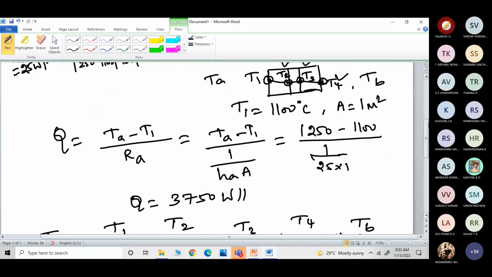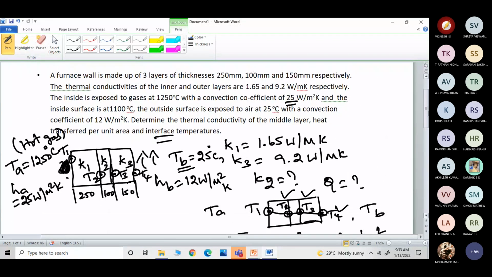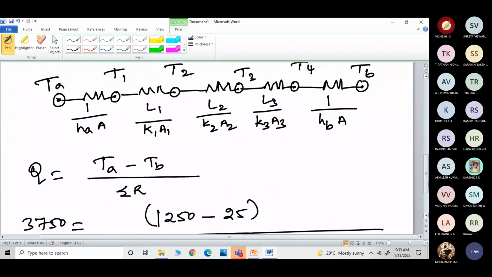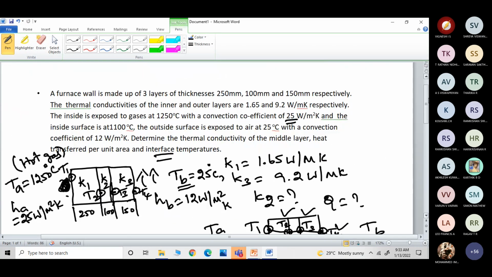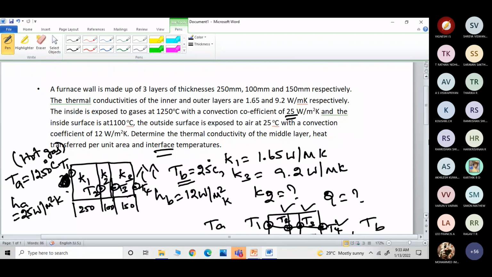What about the second thickness? It is 100 mm, and we don't know K2. So 0.1 divided by K2 into 1, assuming unit area. And the last layer is 150 mm, so 0.15 divided by K3, which is 9.2.